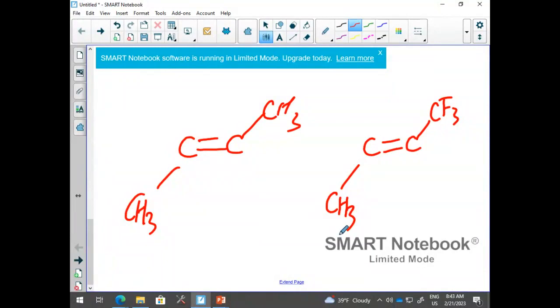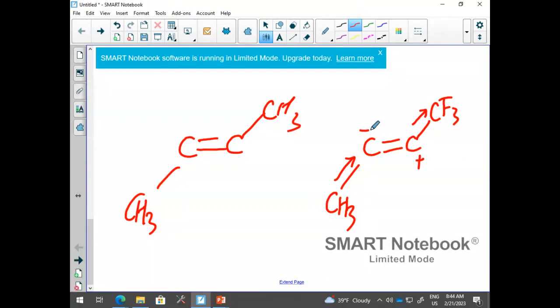The right side molecule has the CF3 as an electron withdrawing group and the CH3 as the electron donating group. So you see that this CC double bond is substantially more polar than the left side CC double bond because of the electronic effects of the substituents on the double bond. This carbon will have a positive charge and this one a negative charge.